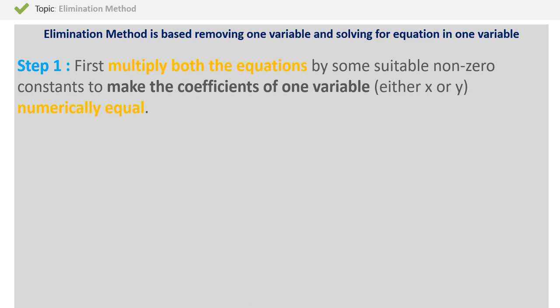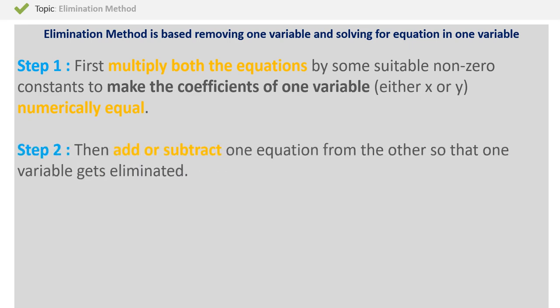So what are your steps? First, multiply both equations by some suitable non-zero constant to make the coefficients of at least one variable, either x or y, numerically equal so that you can use them to cancel it. Step 2, add or subtract one equation from the other so that the variable gets eliminated.